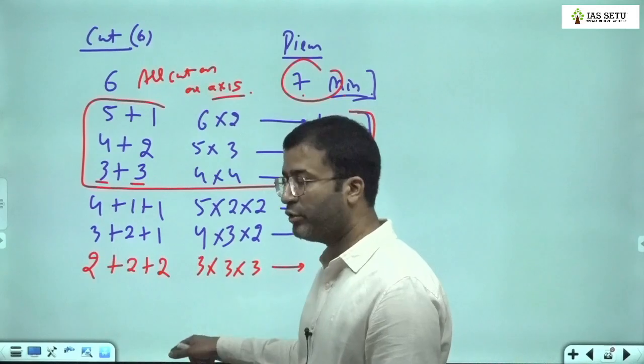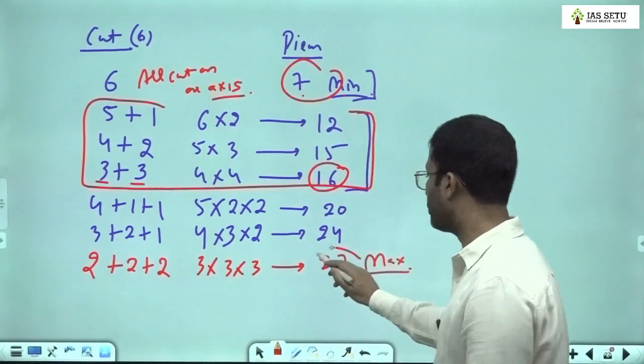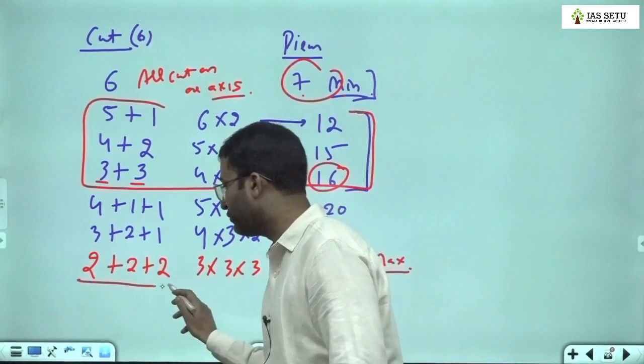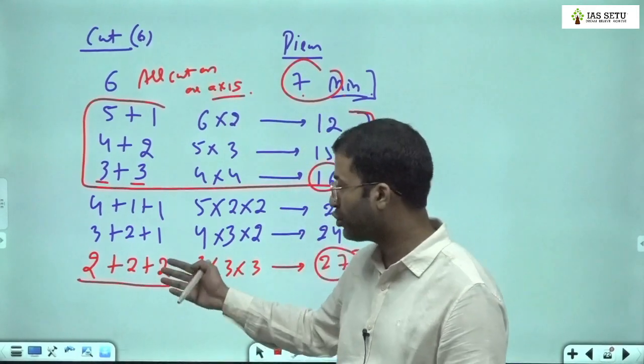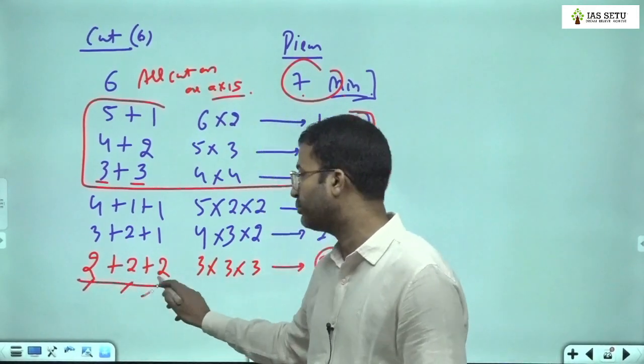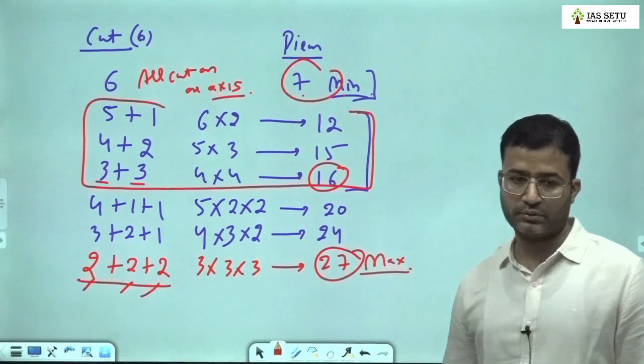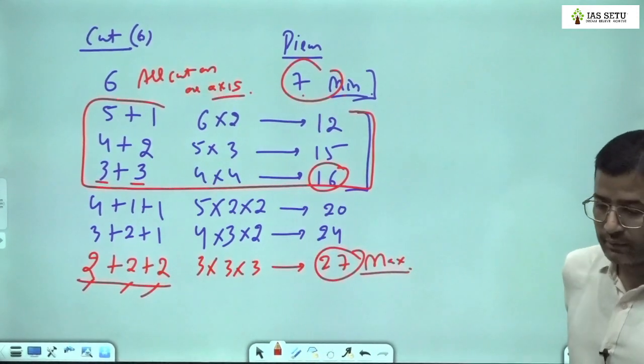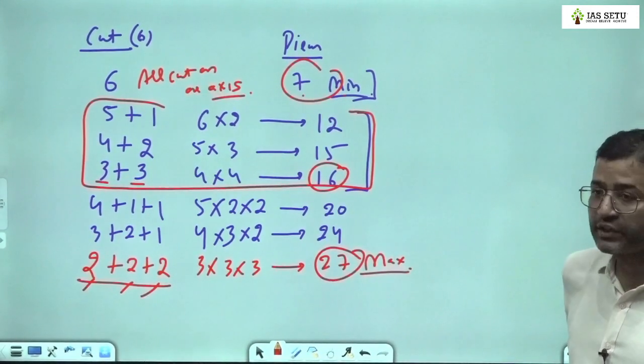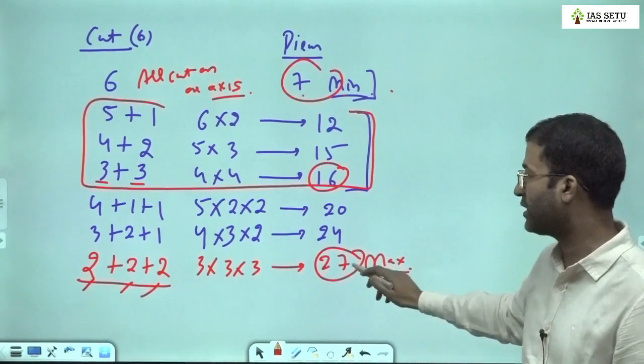In the second part, for the maximum number of pieces, your distribution will matter. We try to use all 3 axes, and the distribution has to be uniform. So with 6 cuts, the minimum is 7 pieces, the maximum is 27.